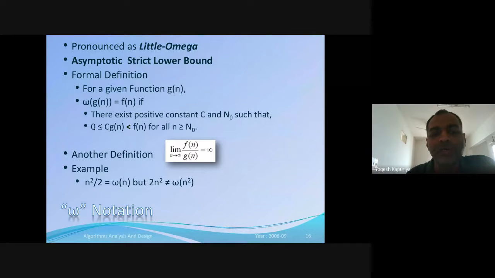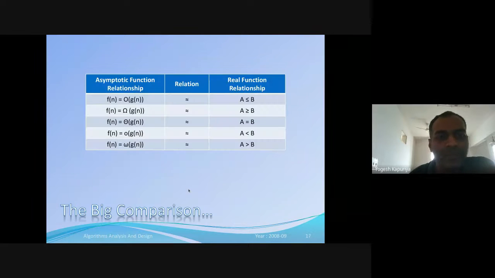What is that? 0 is less than or equal to cgn is less than fn for every value of n greater than or equal to n0. Again, you can see the same thing. When you say n square by 2 is little omega of n, but 2n square is not little omega of n square, because n square over here is equal to n square.